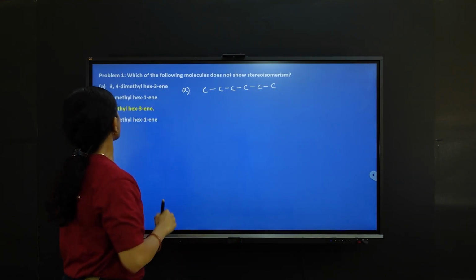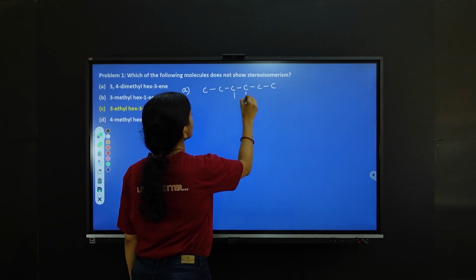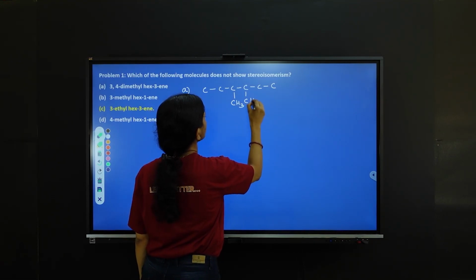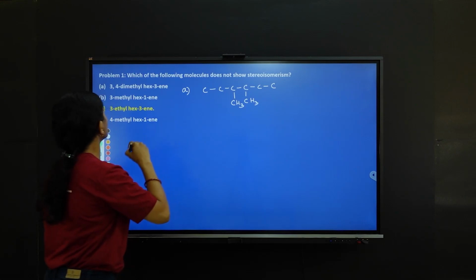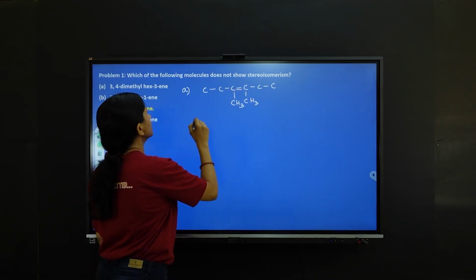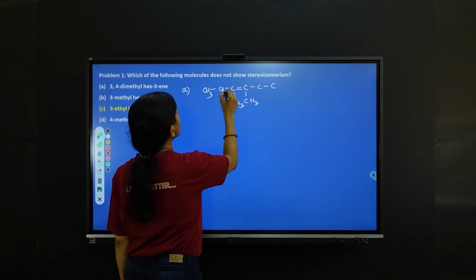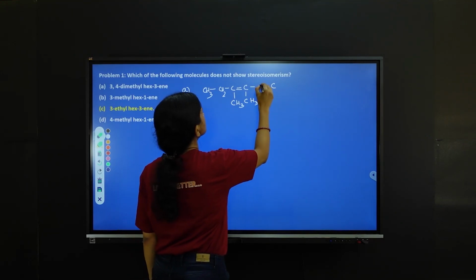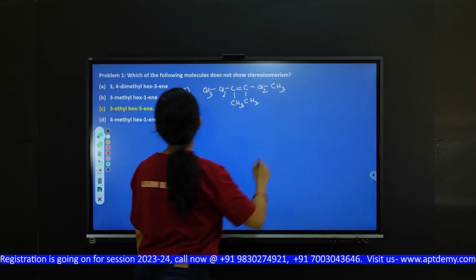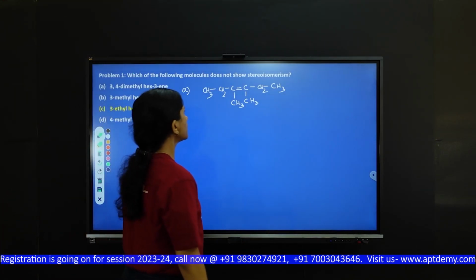Let's draw the structure first. 3,4-dimethyl: this is the 3 and 4 position. We will have 3,4-dimethyl groups and hex 3-ene, with CH2, CH3 at the end. This is nothing but 3,4-dimethyl hex 3-ene.